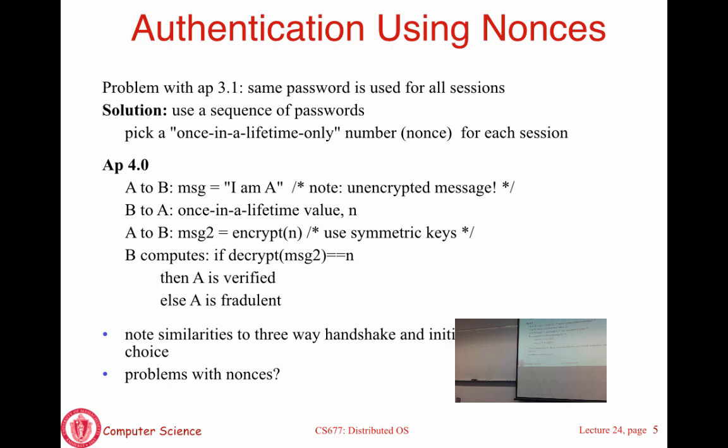This technique does not have the replay attack problem, because every time you repeat this authentication, a new nonce will be generated. So the encrypted message that goes back to prove that you are Alice will be different. In other words, you are using a different password. Here the password is the encrypted version of the nonce every time to authenticate yourself.